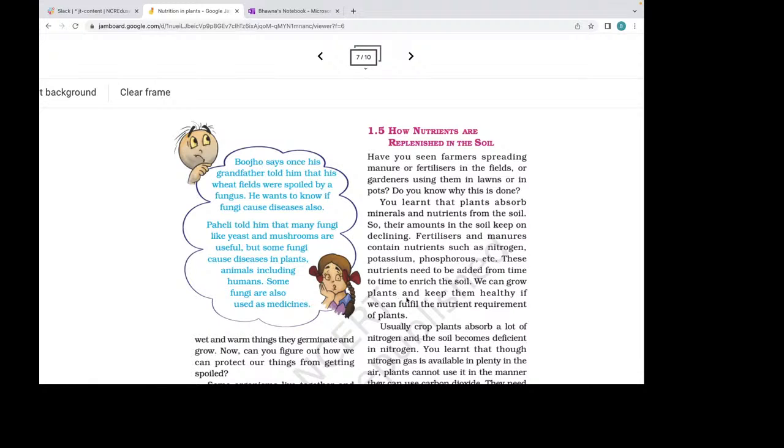Basically, we can grow plants and keep them healthy if we can fulfill the nutrient requirement of plants. हम जब तक प्लांट्स को मिट्टी से मिनरल्स नहीं मिलेंगे तब तक वो भी अपना फूड प्रिपेयर नहीं कर पाएंगे, राइट? तो हम प्लांट्स को तभी ग्रो कर सकते हैं जब हमें भी कुछ देना पड़ेगा. सो दीज आर दीज फर्टिलाइजर्स जो हम ऐड करते हैं अपनी सॉइल में टू enrich it with minerals so that plants can get it. So basically this is a cycle.